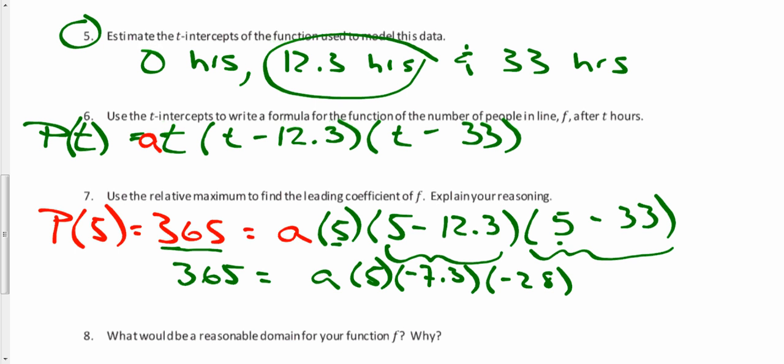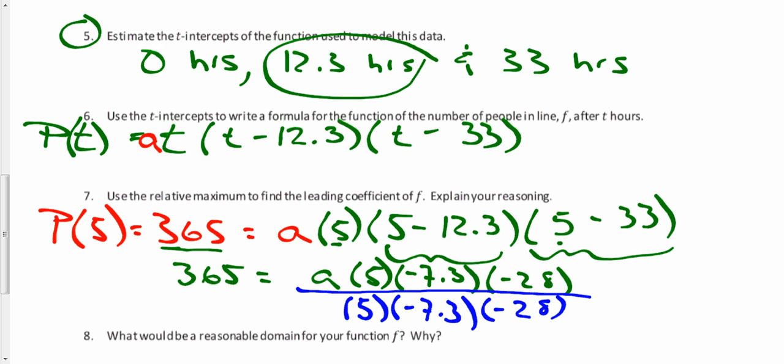I'm multiplying, so what's the opposite of multiplying, Josh? So what do I divide by? Oh, 5 times. I divide by 5? Yeah, you could do that. So I'm going to divide by 5 times negative 7.3 times negative 28.